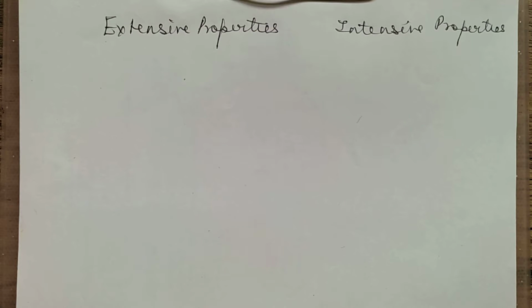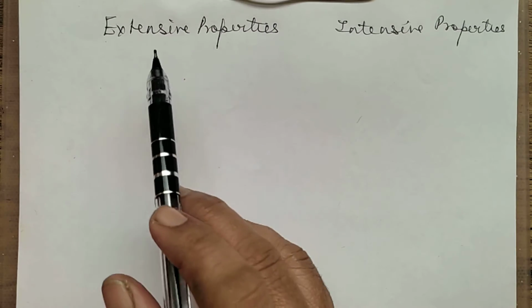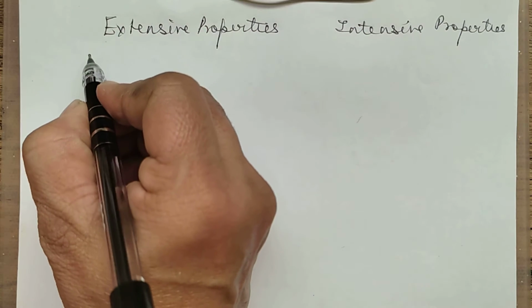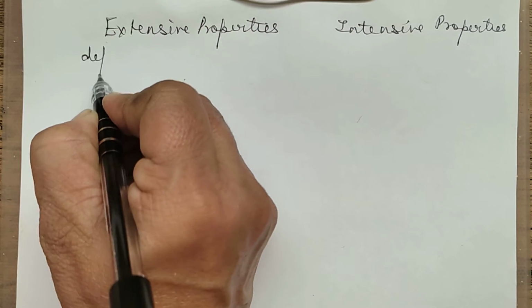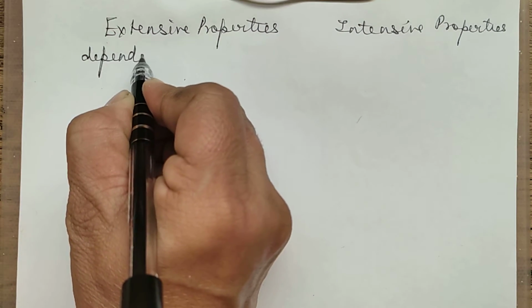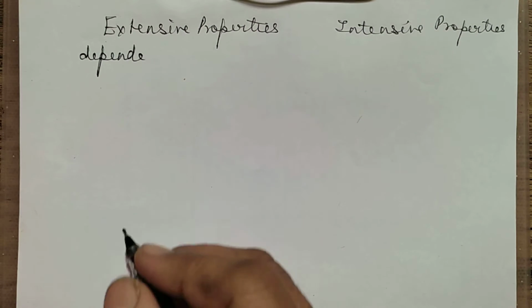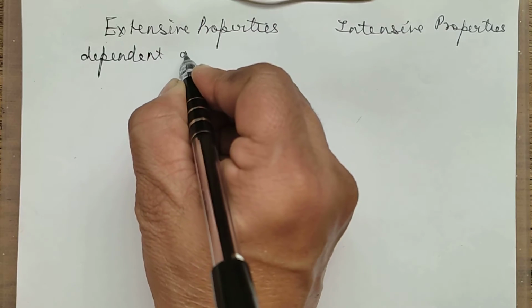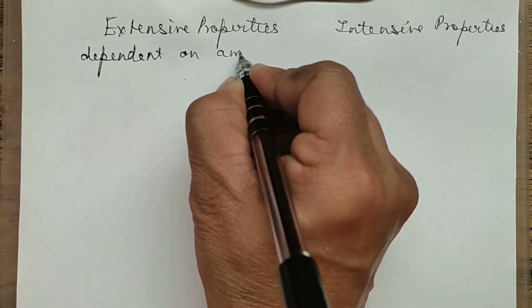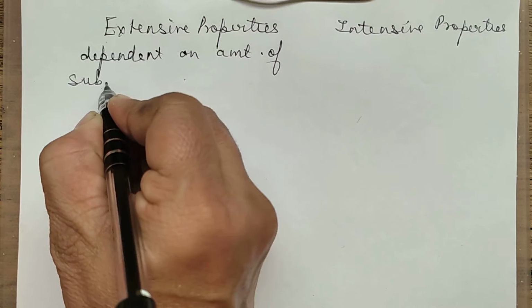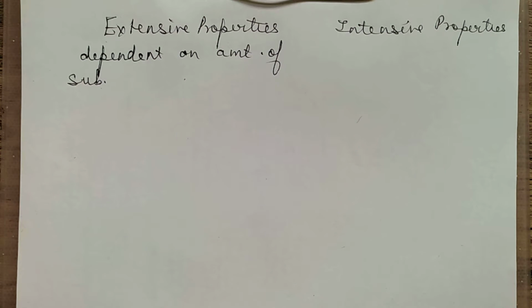Now moving on to another pair of terms, extensive and intensive properties. Extensive properties are those which are dependent on the amount of the substance.